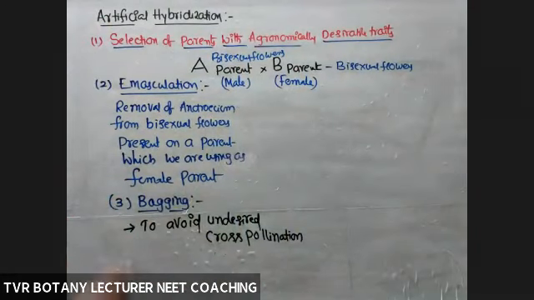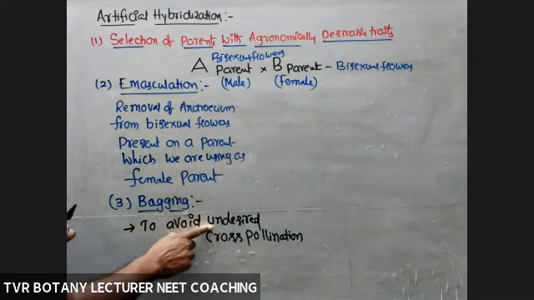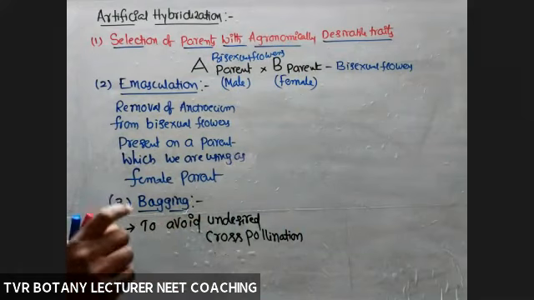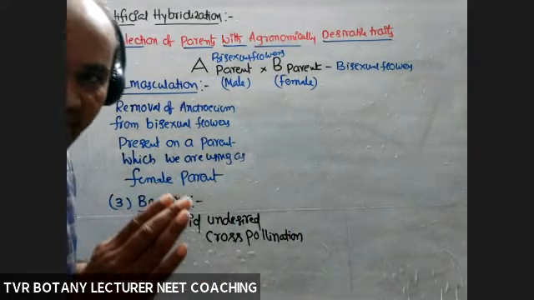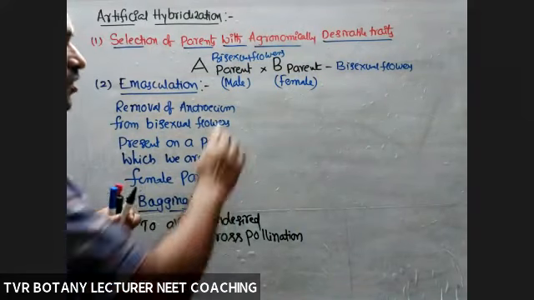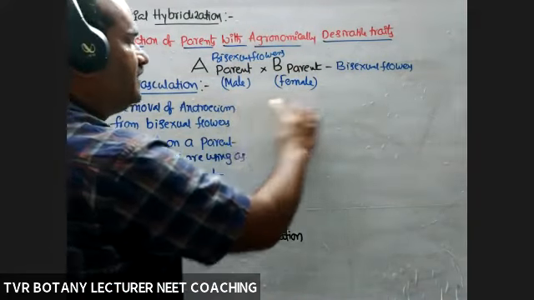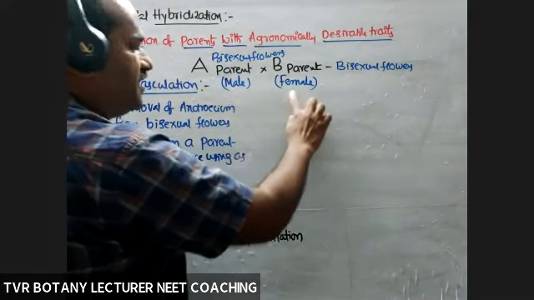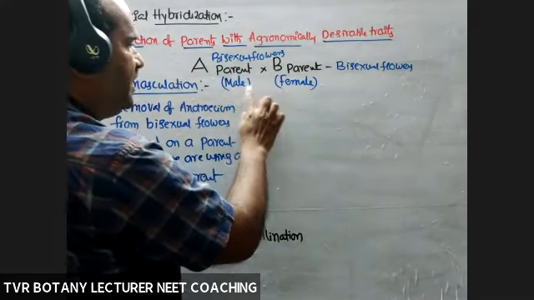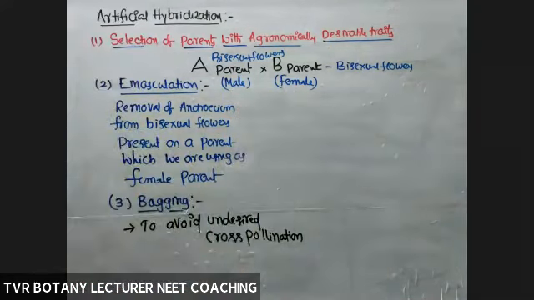Okay, right? So that is the purpose of bagging, to avoid undesired natural cross pollination, to favor artificial man-made cross pollination from A to B.